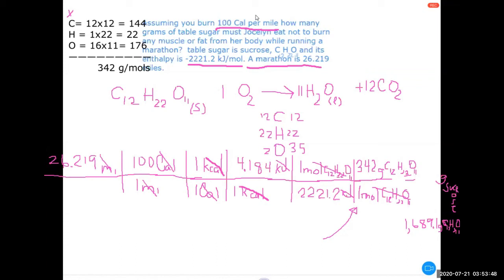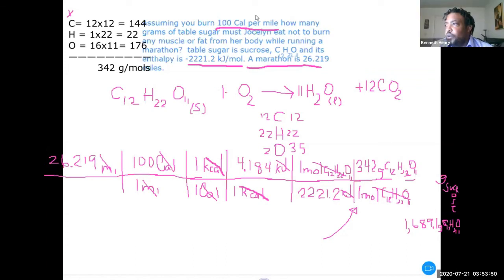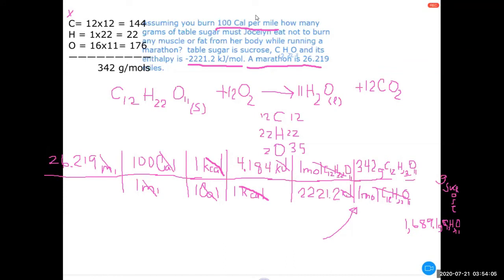So let's do it. 35 minus 11 would be 24, so that would be 12. I actually didn't even put the 12 in front of the O2 gas.